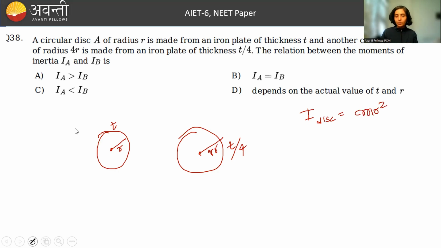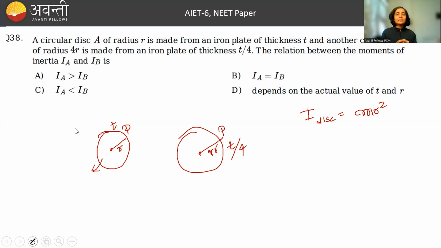Okay, done. Now here, circular disc made from an iron plate. So in both cases, they are made from an iron plate. And it means they are made from material whose density is the same. So rho will be the same for both. So this is rho and its density is also rho. What will be the mass of this disk? So disk area is how much? Pi r square. Done. And its thickness is how much?